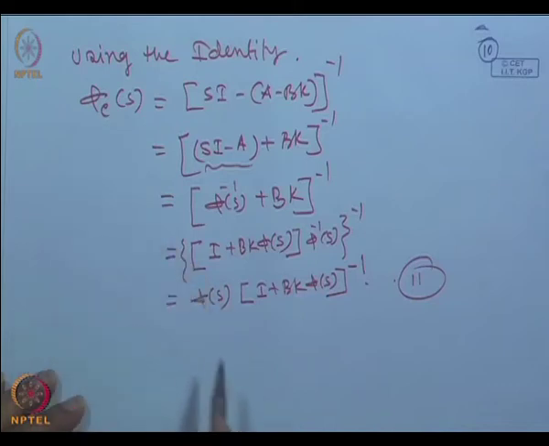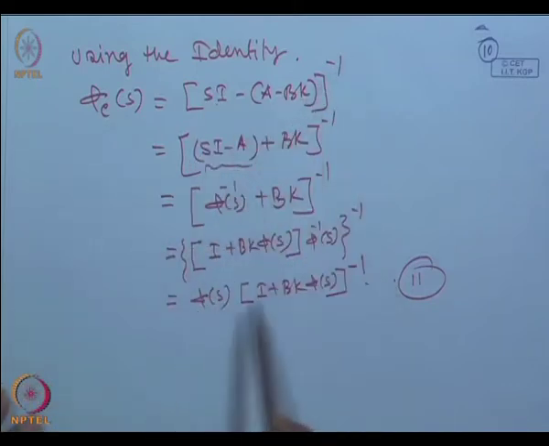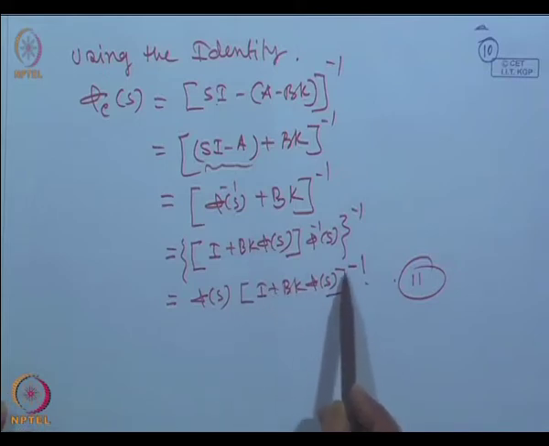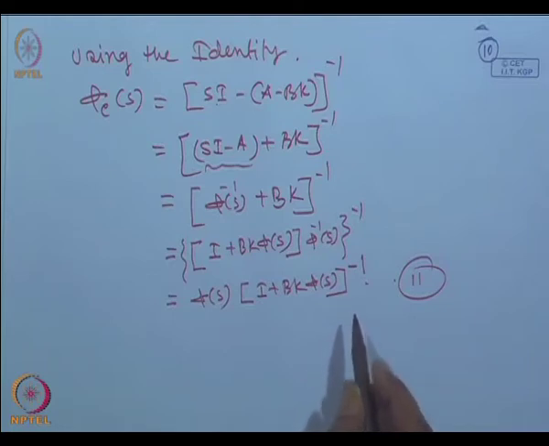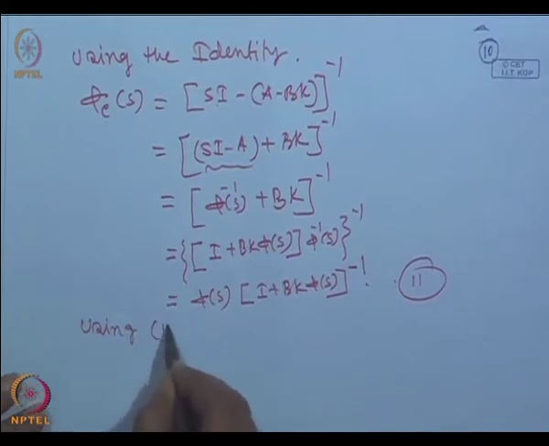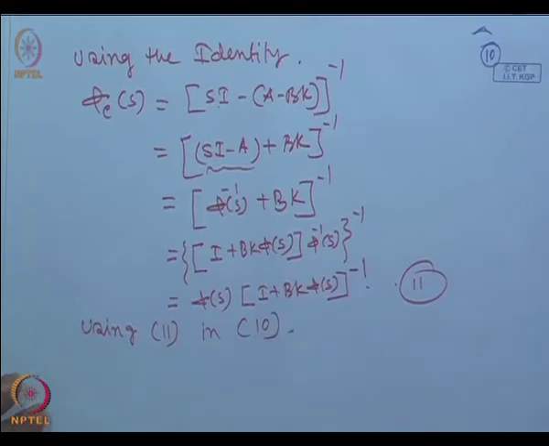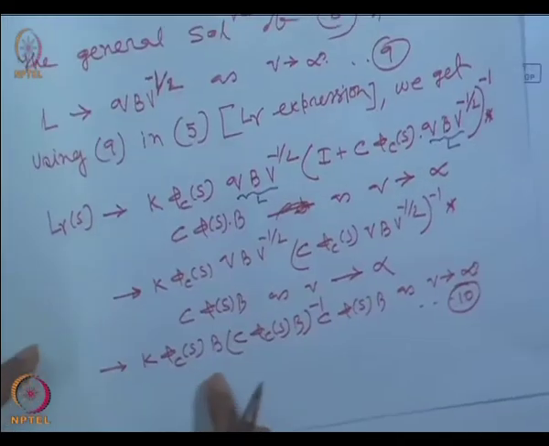This identity, (S I minus A minus B k) inverse, I can write as phi S times (I plus B k phi S) whole inverse. This expression I am using in equation number 10. So, using 11 in 10, wherever there is a phi C I will use that one.